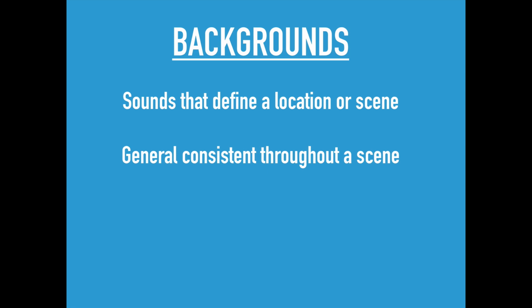So they're going to be there throughout the entire location. It's not like they're going to be there for just part of the time and then stop. It's like, well, if it's outdoors and it's windy, there's always going to be wind, right? So we can acknowledge that those sounds need to be consistently there.